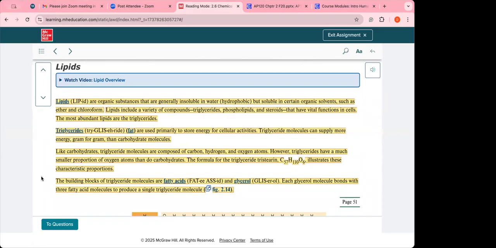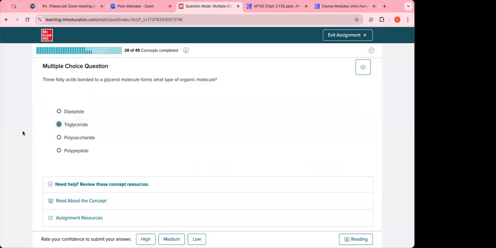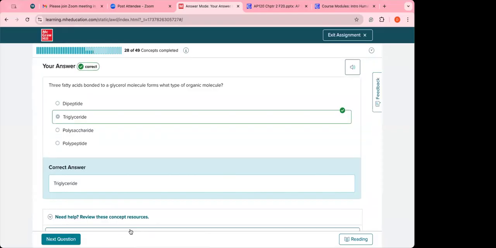That's why it's a tri molecule. 3 fatty acids and glycerol. Okay. So it's a triglyceride molecule. Okay, next question.